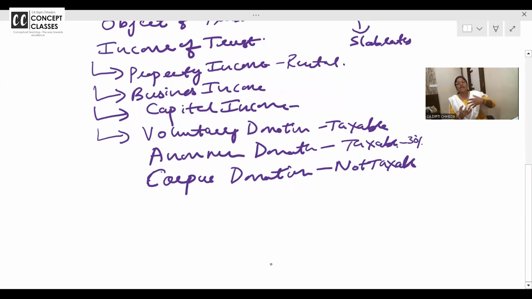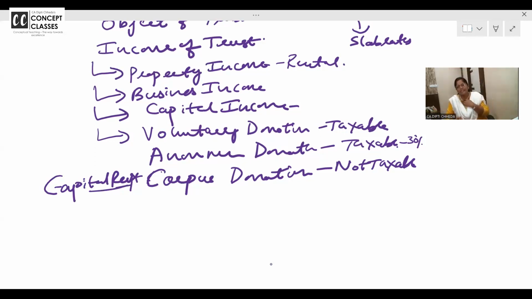Corpus donations are like capital. For example, if it is a proprietorship concern, you know what capital is. Like that, a corpus donation is not income. It is treated as a capital receipt, CR, and directly capitalized in the books.